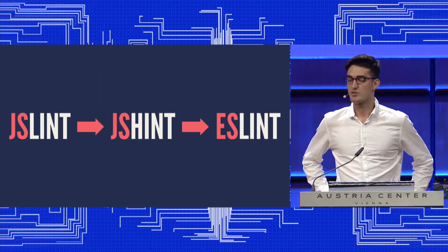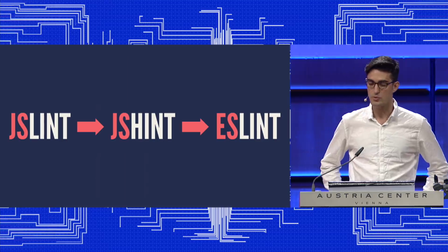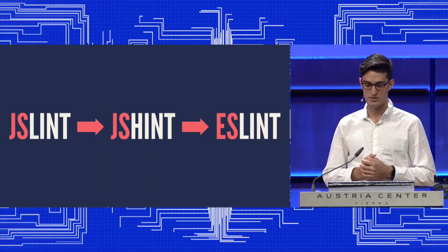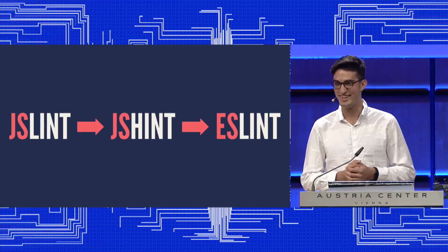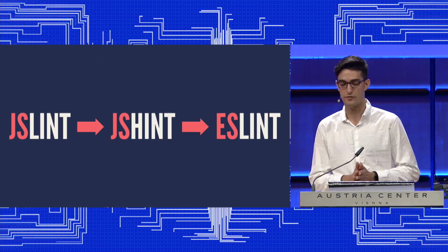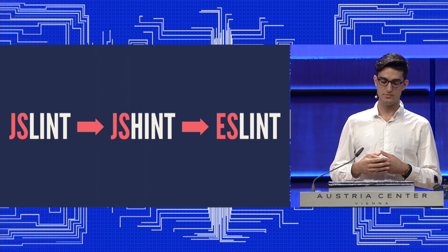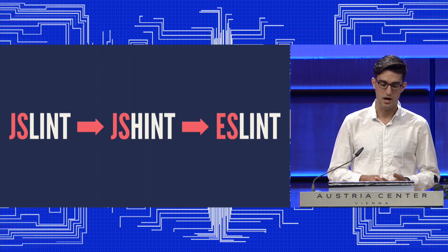So a little history. JSLint was the original JavaScript linter. It was created by Douglas Crockford in 2002. That's like 16 years ago at this point, which, in JavaScript years, is like 100 years. Then JSHint came out in 2010, offering more configurability and more rules, so a lot of people switched to that for the additional configurability.